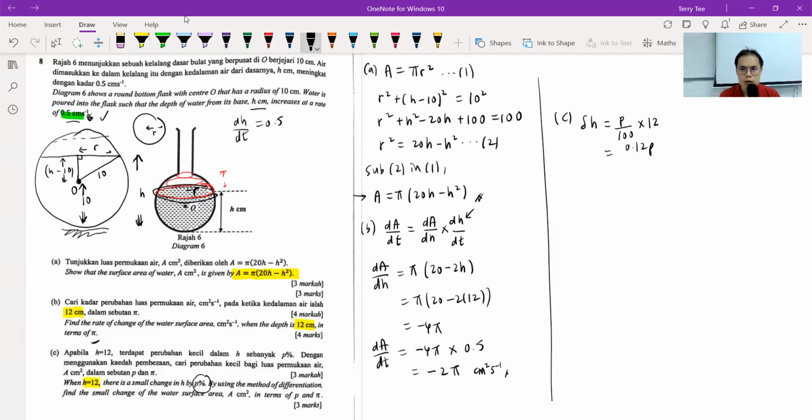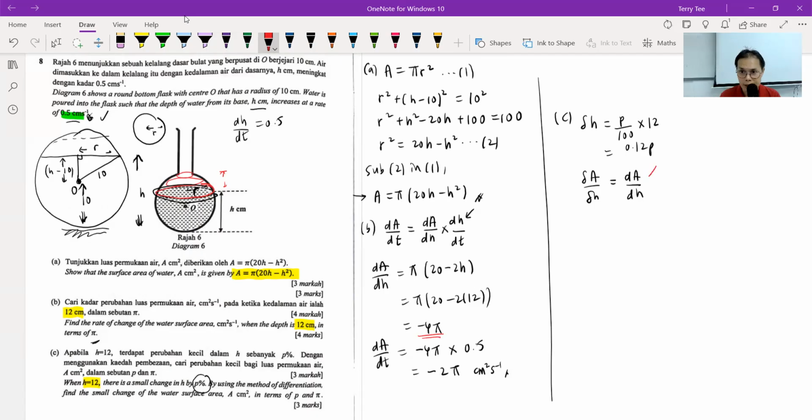We know that when your delta h is small, delta A over delta h is approximately the same as dA/dh. Now, we already know when your h is 12, your dA/dh is negative 4 pi, right?